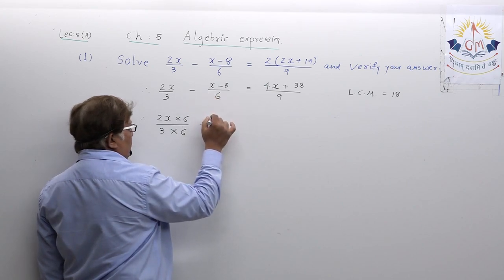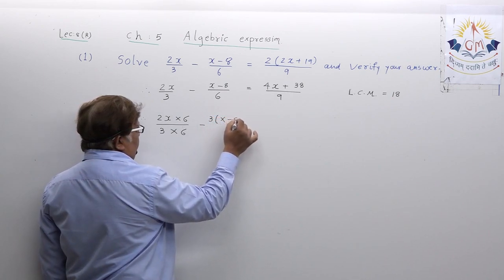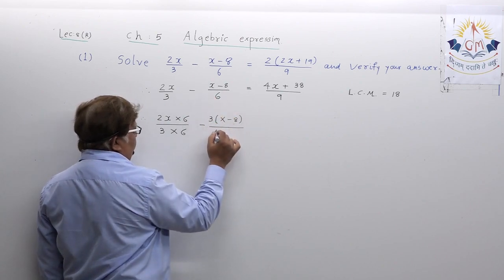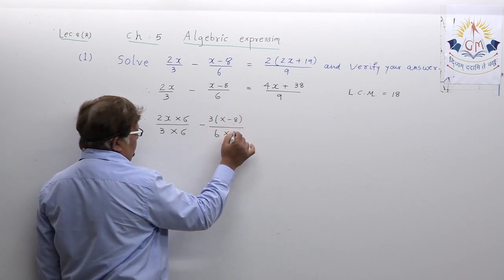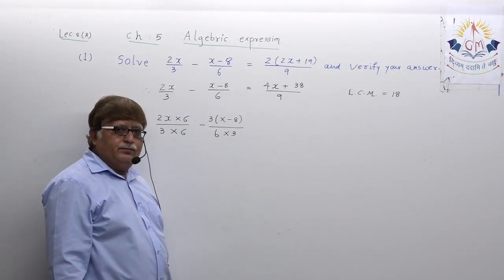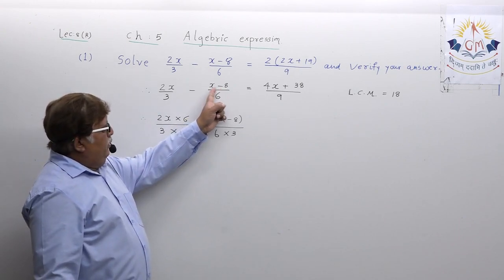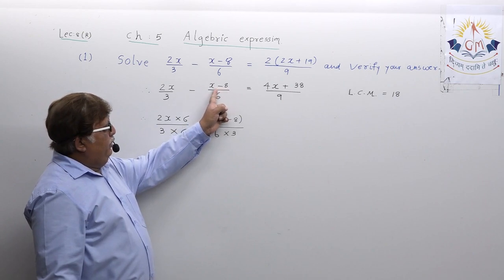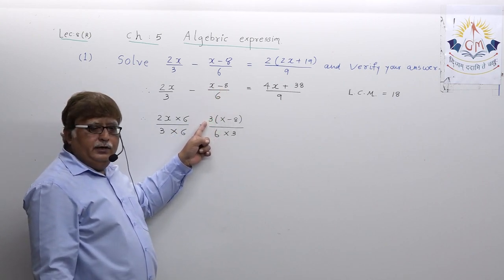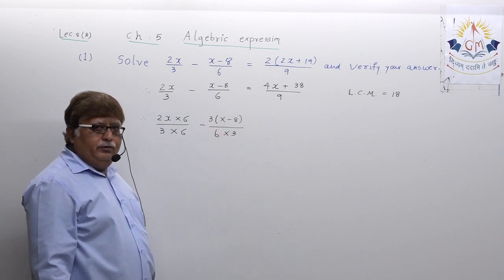If you have seen the lecture properly, I have insisted to write the 3 this way. 6, 3 times. Because here it is a linear polynomial, I would like to write the 3 before. You understood this?